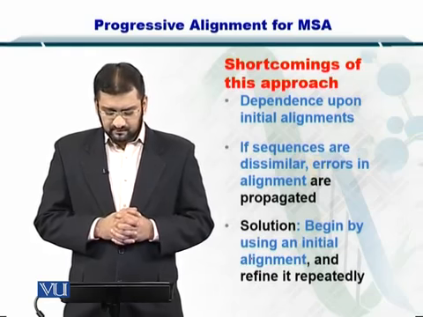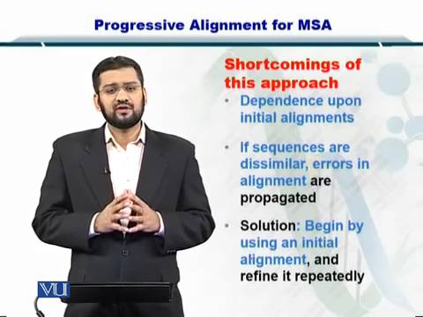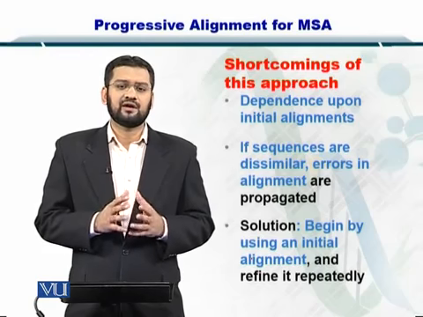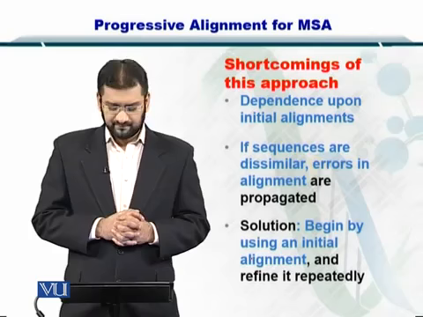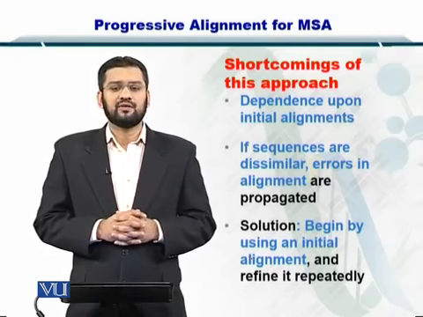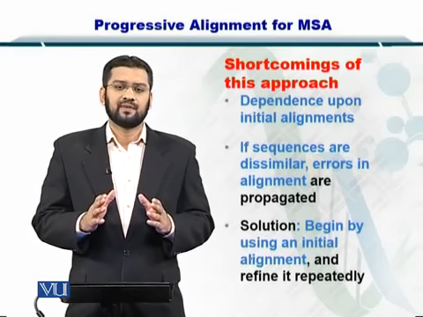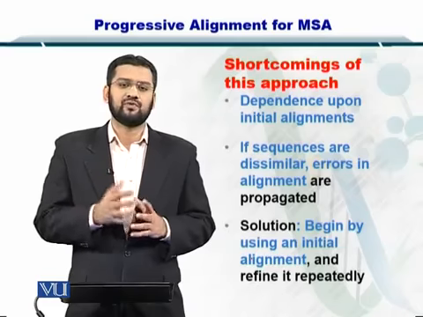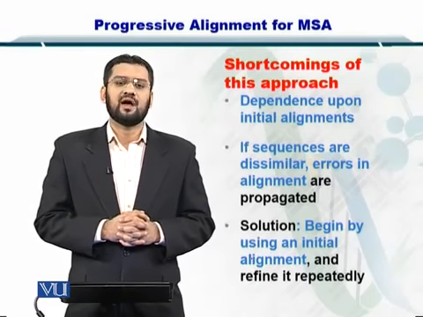Also, if the sequences that you use are dissimilar, then this can introduce an error in your alignment as well. And lastly, to overcome this, you create a guide tree, and then you repeat the process to create better and improved versions of the guide trees, that is, iteratively.